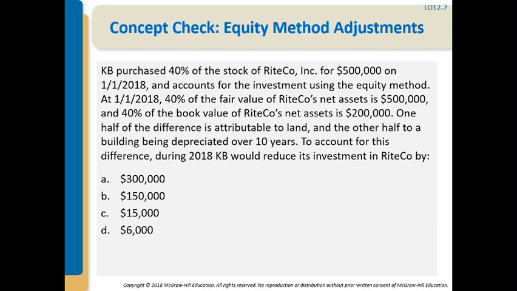all right, so let's see if we can figure this out. So there's a 300,000 overall difference. And half of that, or 150,000, is attributable to the building. And if it's being depreciated over 10 years, it's going to be 15,000 per year that this investment is going to be reduced by every year.